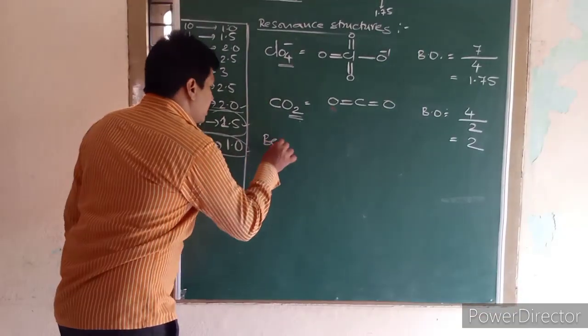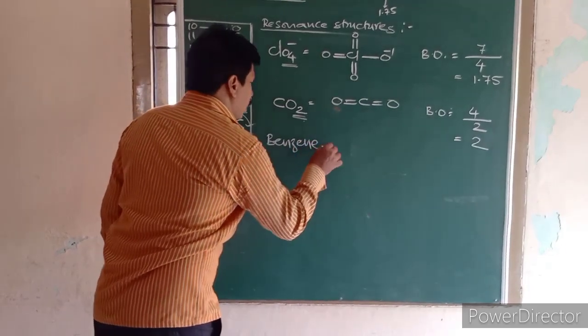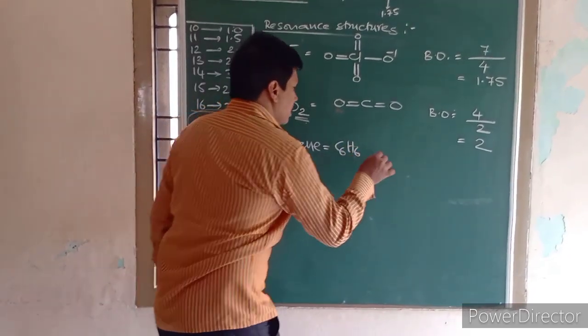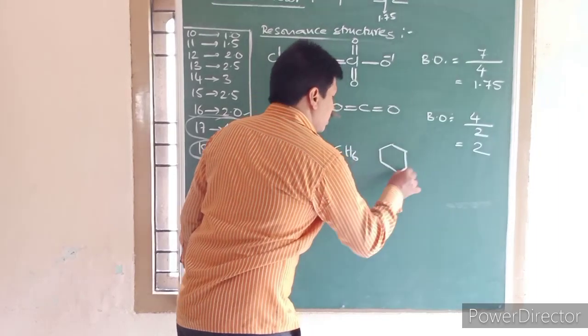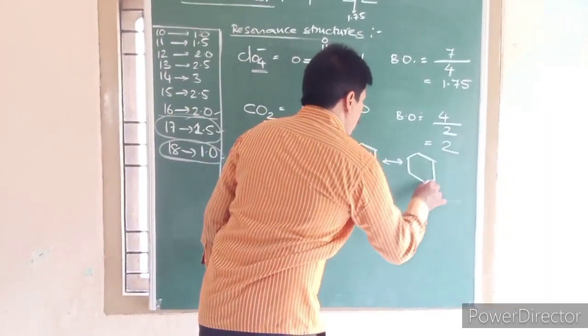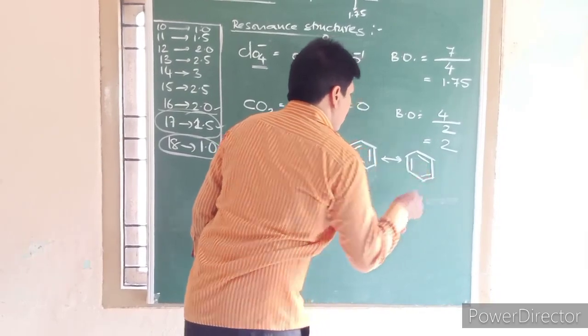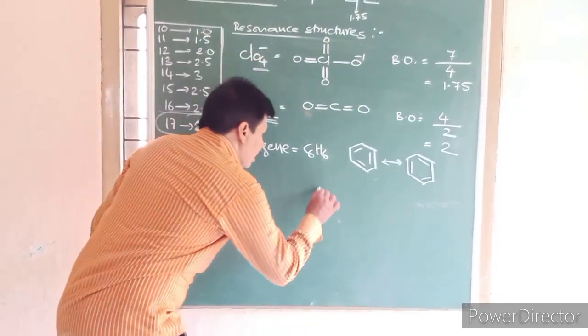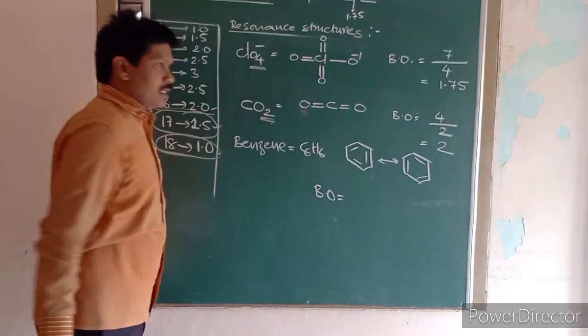And you observe in the benzene molecule. In benzene, the resonance structures are like this. In the 2 resonance structures, the bond order is calculated like this.